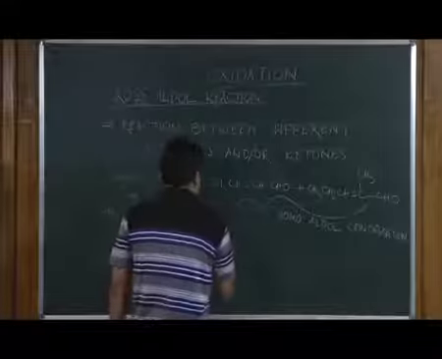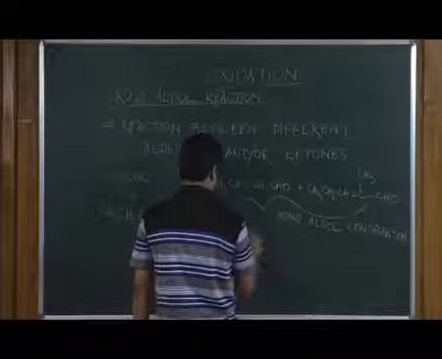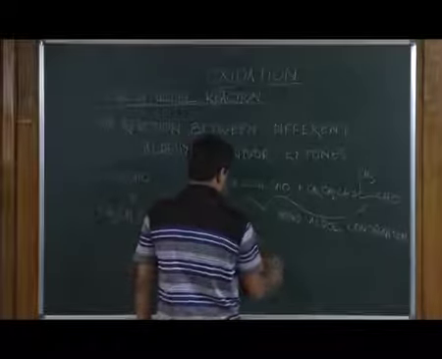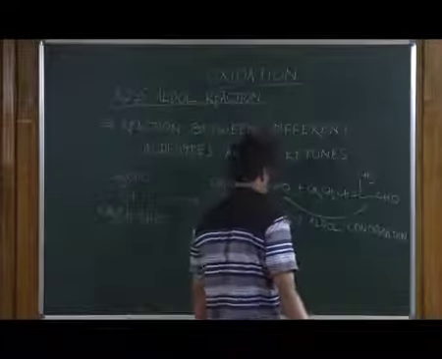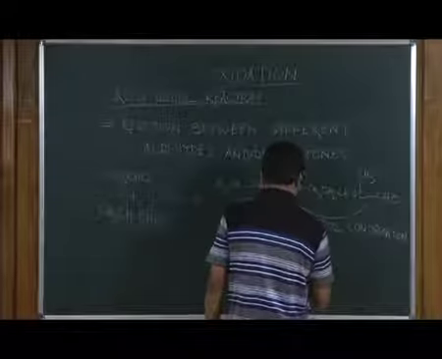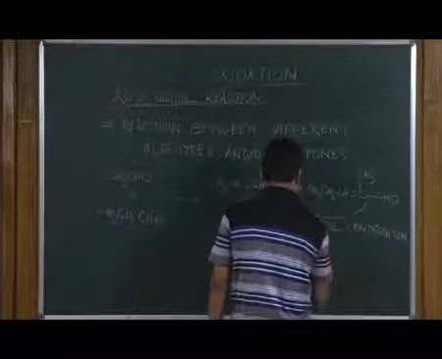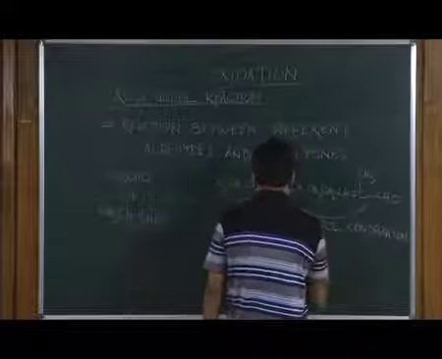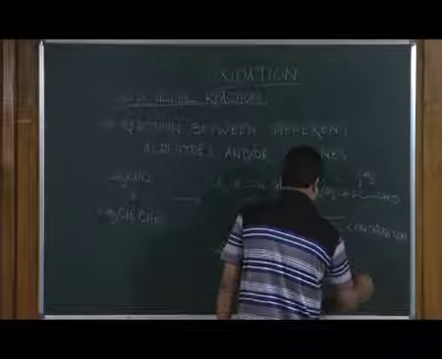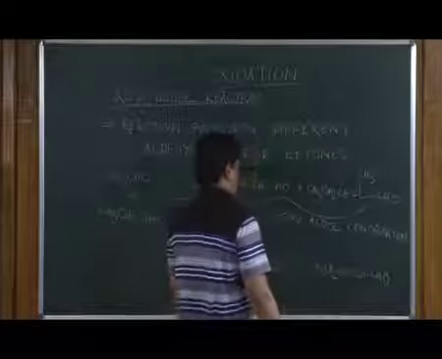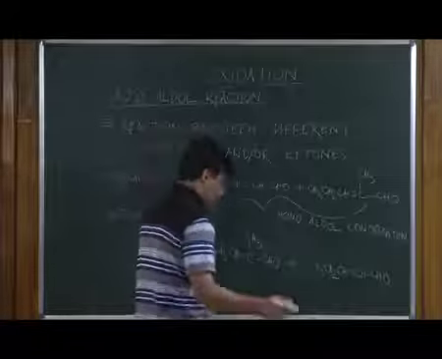So, you can get this product when acetaldehyde is the acceptor and propanaldehyde is the donor, and in the other case acetaldehyde is the donor and this is the acceptor. So, these are cross aldol products.